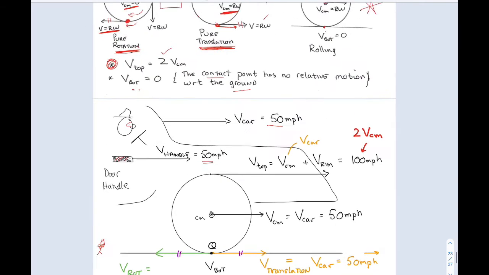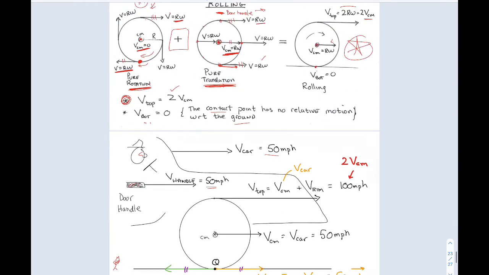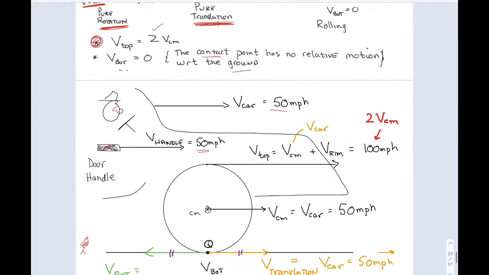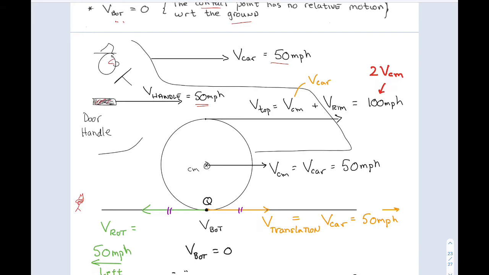Looking at this picture and that picture, the car's headed to the right at 50 miles per hour. Door handle's moving to the right at 50 miles per hour. The center, the axle, is moving to the right at 50 miles an hour. We saw that the top of the wheel has linear speed 2 times the center of mass.